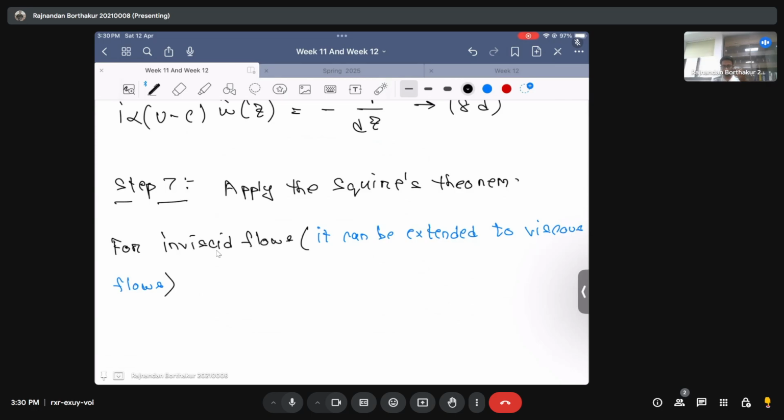So what Squire's theorem says is that for inviscid flows, but you can extend the same theorem into viscous flows.